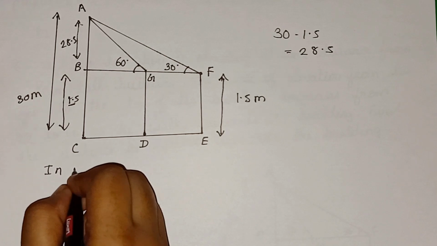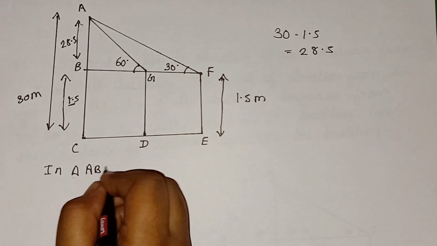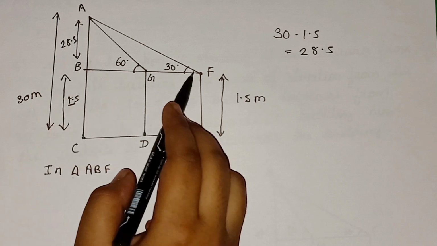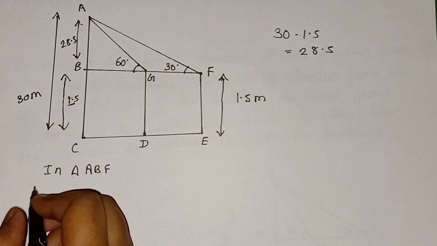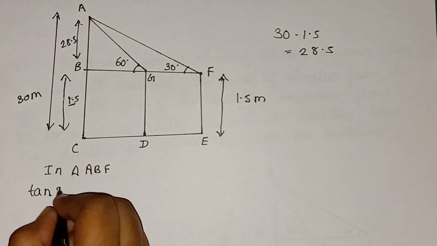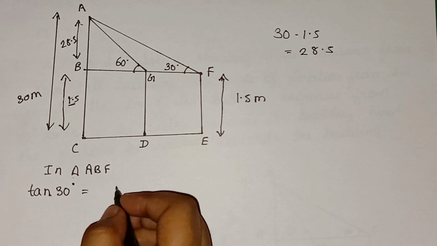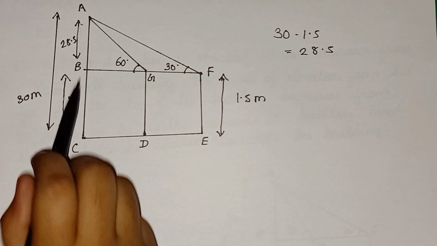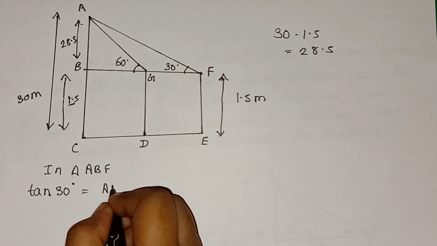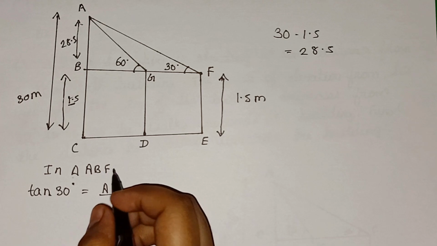In triangle ABF, the angle is 30 degrees. So tan 30 degrees is equal to opposite side by adjacent side. The opposite side is AB and the adjacent side is BF.